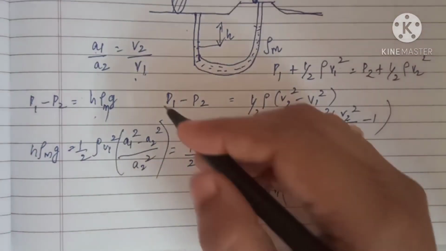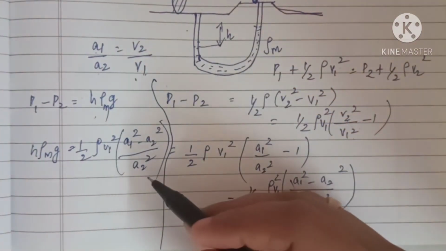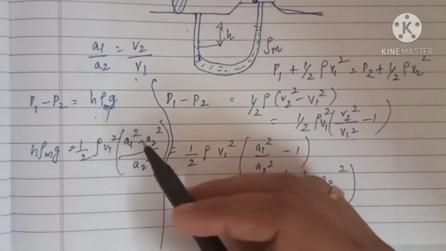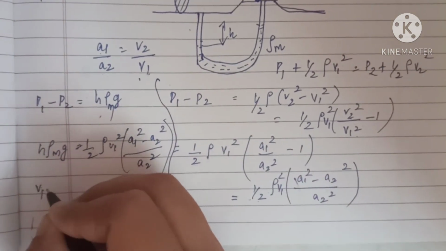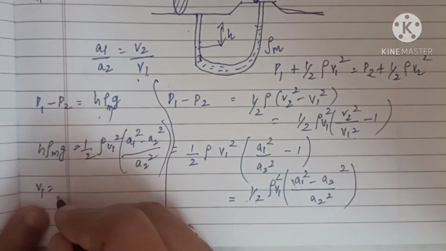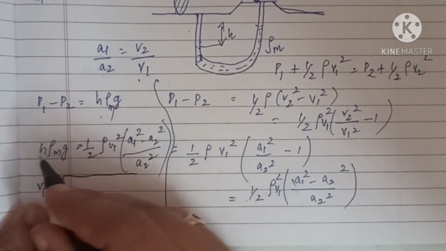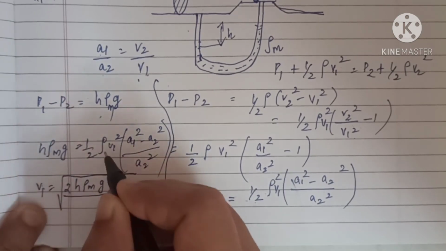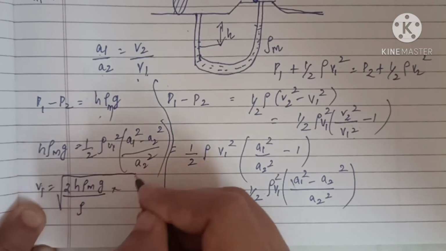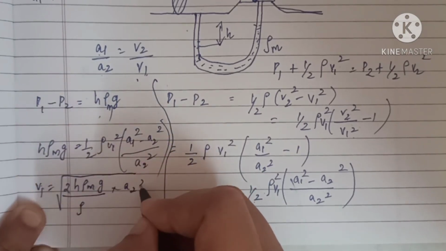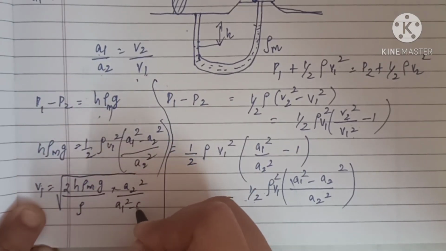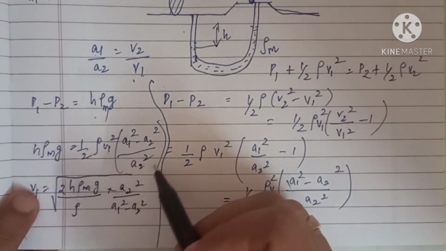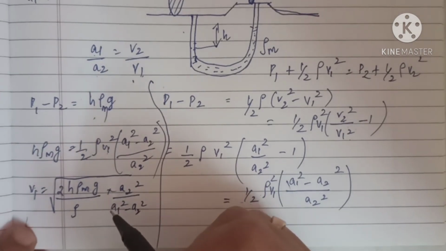Okay. Now from this expression you can find the velocity V1, right? V1 will be root of 2H rho m G divided by rho into A2 square by A1 square minus A2 square. This is V1 square. If I want to find V1, I have to take the root. Clear? Now you got the velocity.